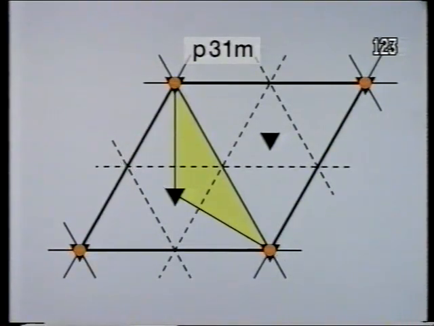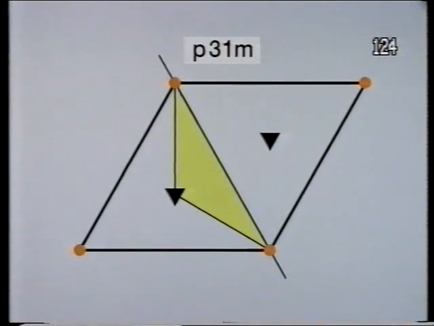The M in the fourth position indicates that there are axes of reflection in other directions. In this case, there are axes parallel to both sides of the parallelogram and to the short diagonal. Let's choose a motif. In order to generate this pattern, we can't use just reflections, as we did for P3M1, the kaleidoscope pattern, because in this case, two of the sides of the generating triangle are not axes of reflective symmetry.